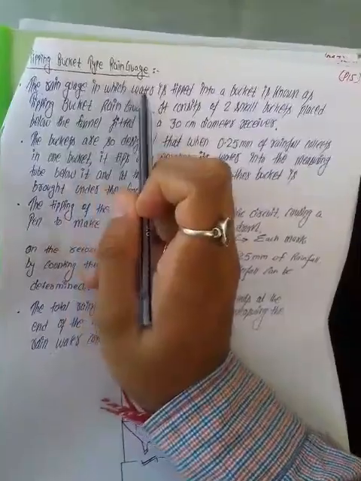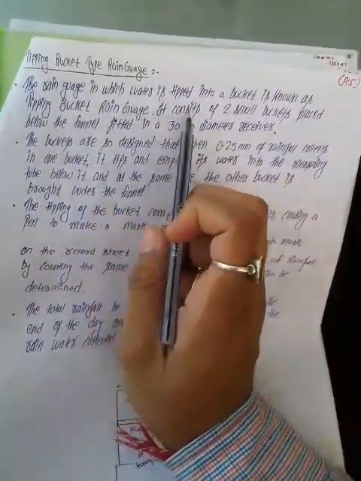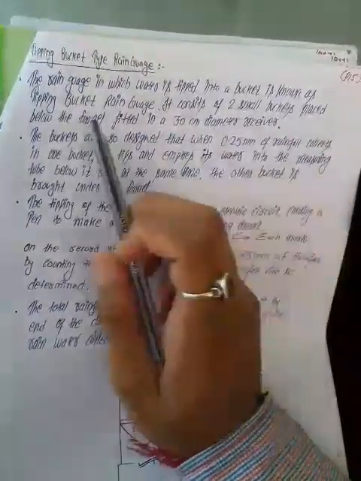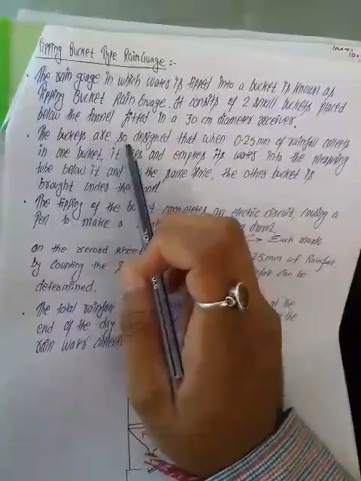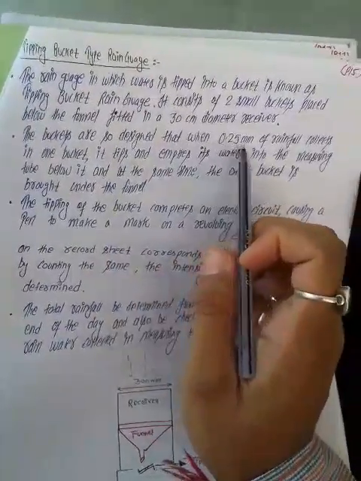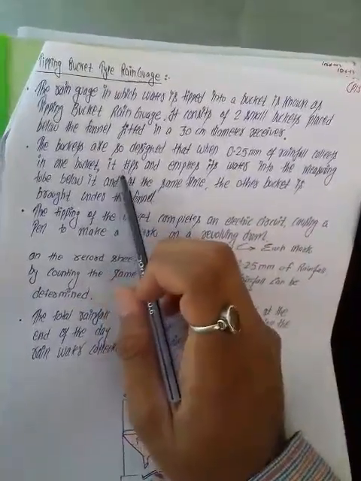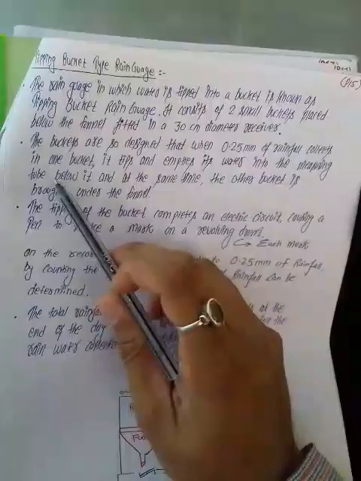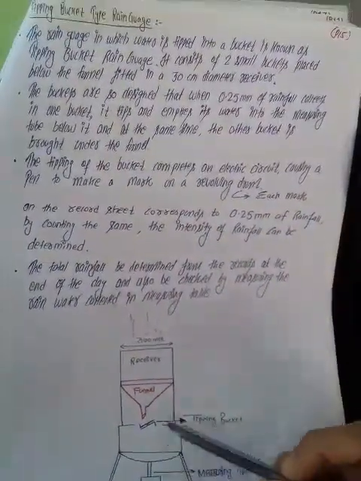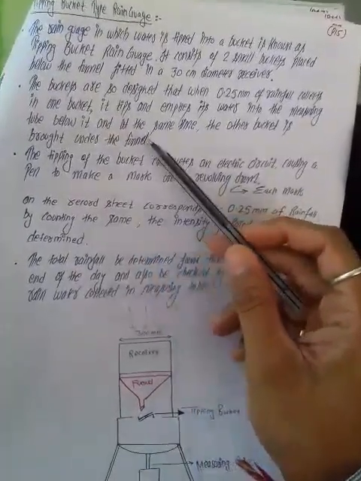The rain gauge in which the water is tipped into the bucket is known as the tipping bucket rain gauge. It consists of two small buckets placed below the funnel fitted in a 30 cm diameter receiver. The buckets are so designed that when 0.25 mm of rainfall collects in one bucket, it tips and empties its water into the measuring tube below it, and at the same time the other bucket is brought under the funnel.